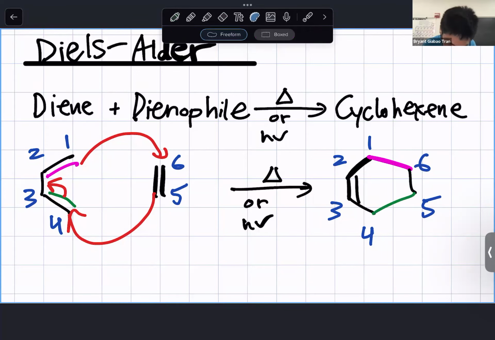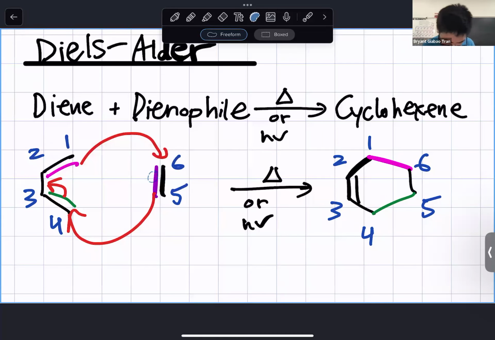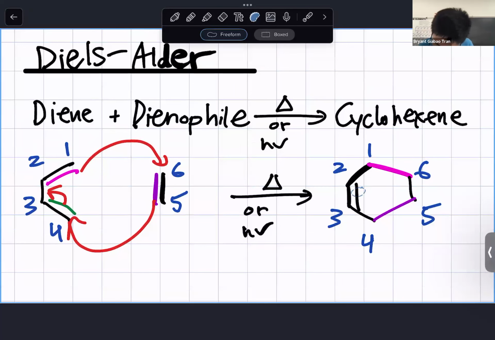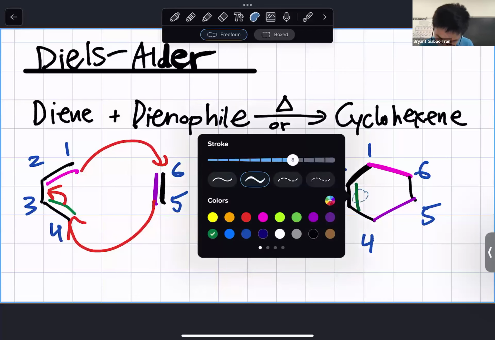Let's color code this purple. This is green. Right there. Okay.